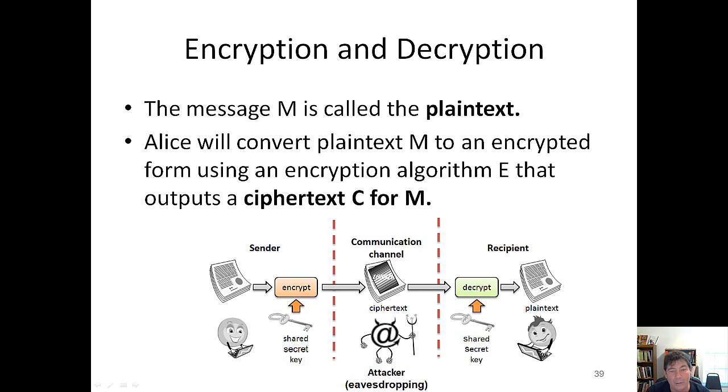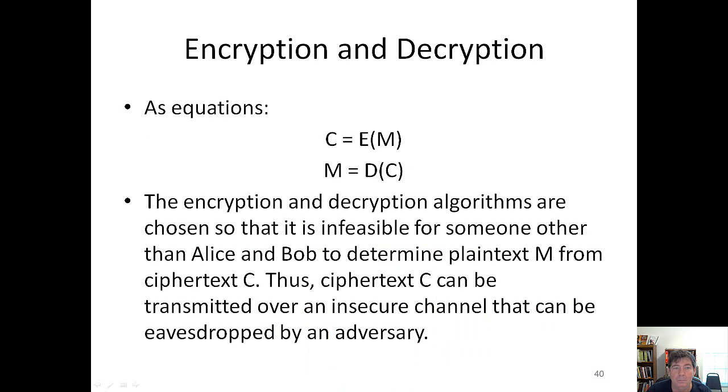So here in this diagram you see the sender encrypting the plaintext using a shared secret key. It's sent over a communication channel and the recipient decrypts it with the same secret key, and you get the plaintext exactly like the plaintext that was encrypted. So you have two equations.